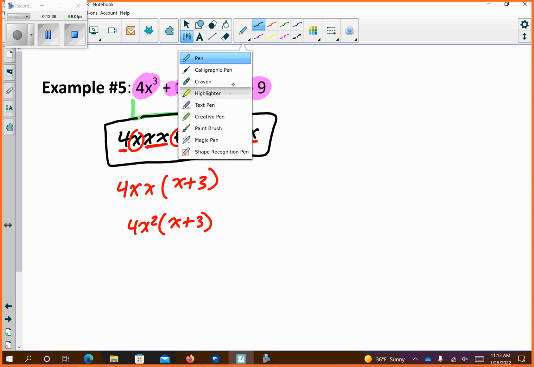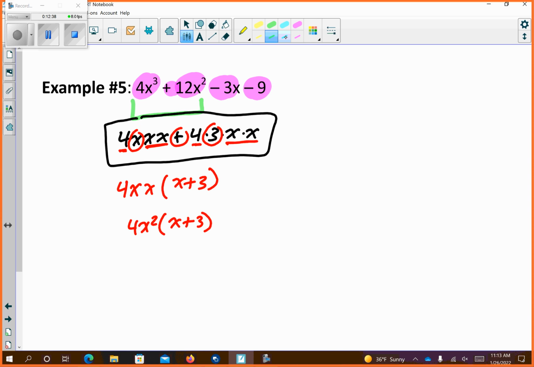So next, we're going to look at our next 2 numbers. So this negative sign is going to come straight down here. Is that okay? So I'm going to bring this over this way. So I have negative 3x minus 9. Okay.